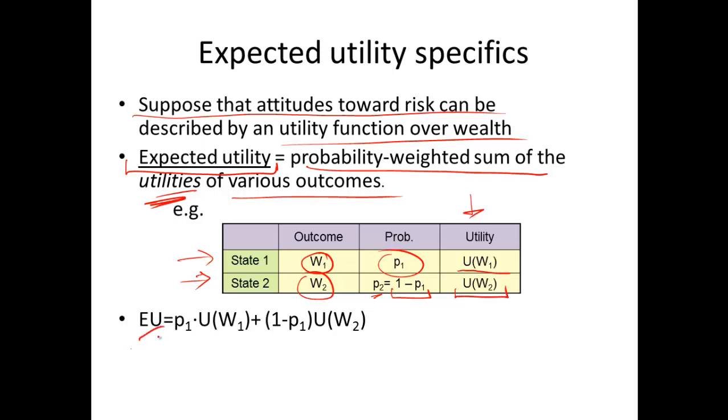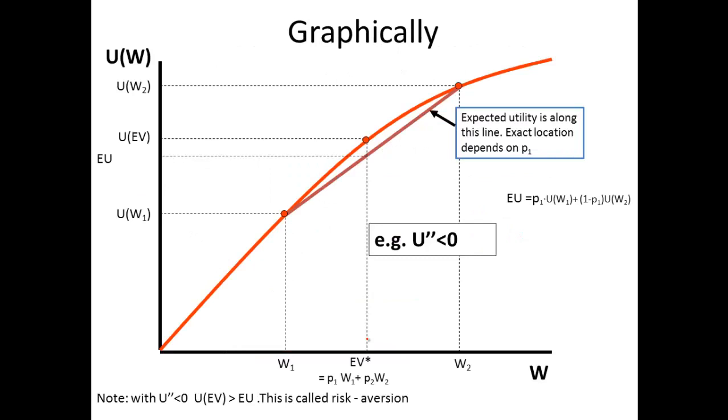So this expected utility, which is going to be really key for us, is literally the probability weighted sum of the utilities of the outcomes, but it's P1 times the utility of W1 plus 1 minus P1 times the utility of W2. That's the expected utility. Now, what are we talking about? A picture really helps, so let's talk about this picture.